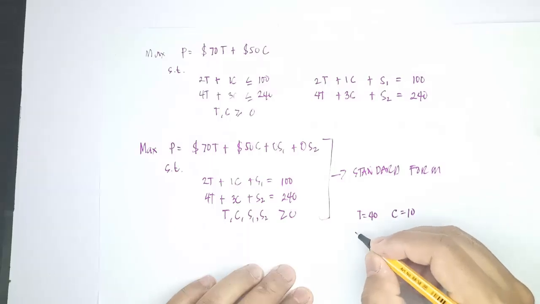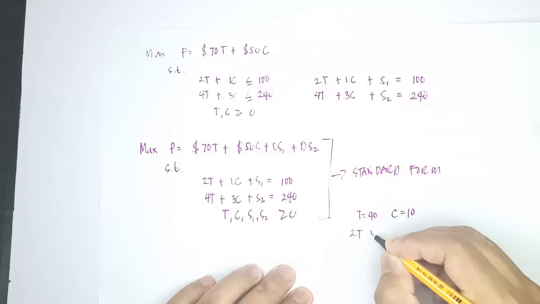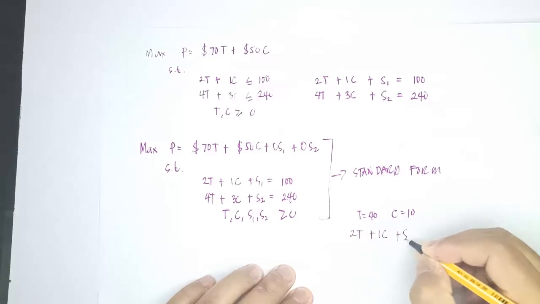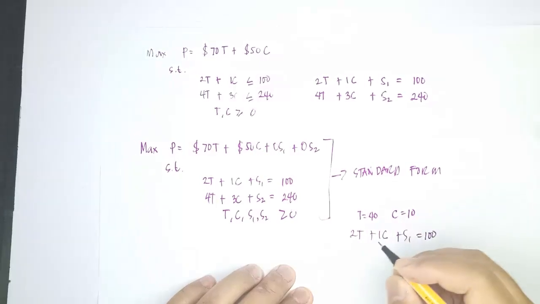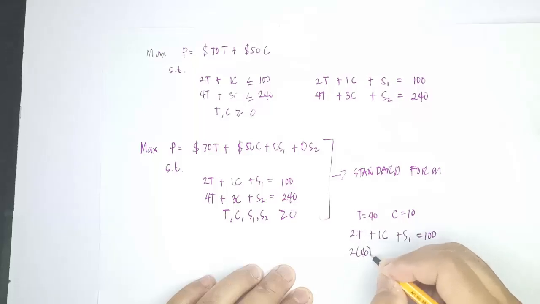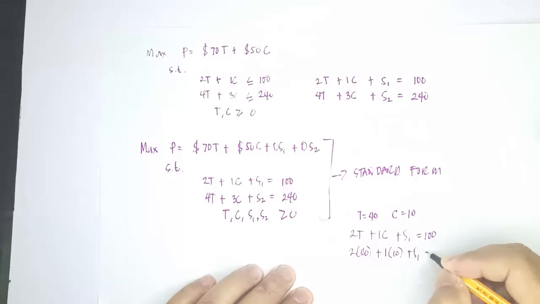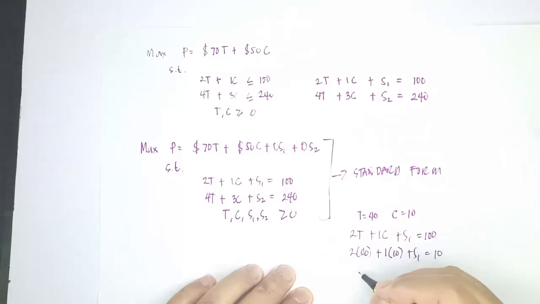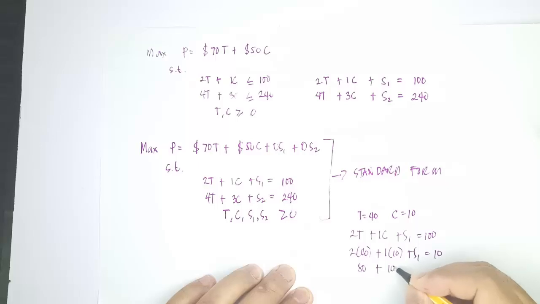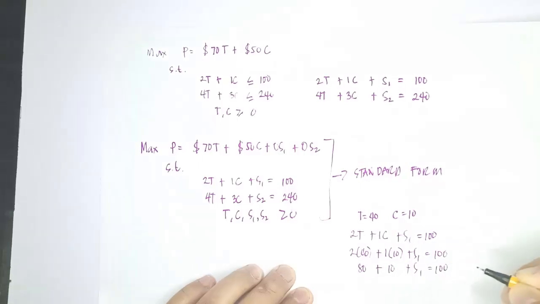On constraint 1, 2T plus 1C plus S1 is equal to 100. 2 times 40 plus 1 times 10 plus S1 is equal to 100. This is 80 plus 10 plus S1 is equal to 100. Therefore, S1 is equal to 10.